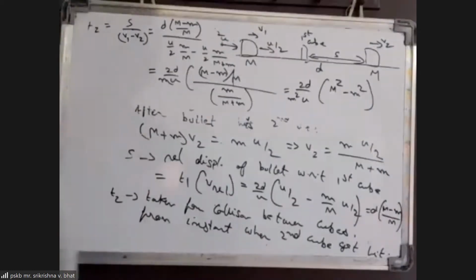So it therefore comes out to be equal to 2d by u times M squared over M squared minus m squared. That comes out to be t2.